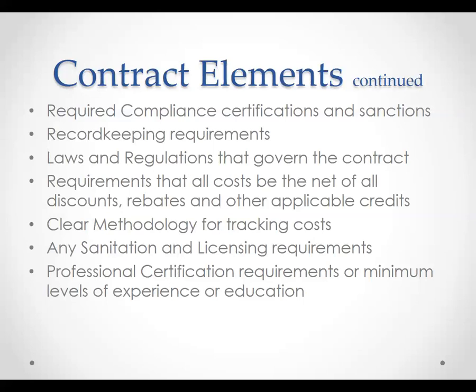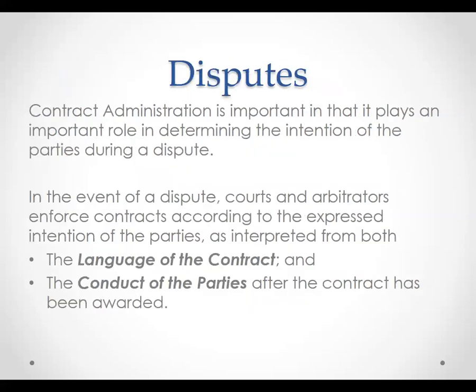In addition, if these were required, then anyone that did not meet them would not have been awarded the contract or purchase order. Required compliance certifications and sanctions, any sanitation and licensing requirements, professional certification requirements or minimal levels of experience or education.